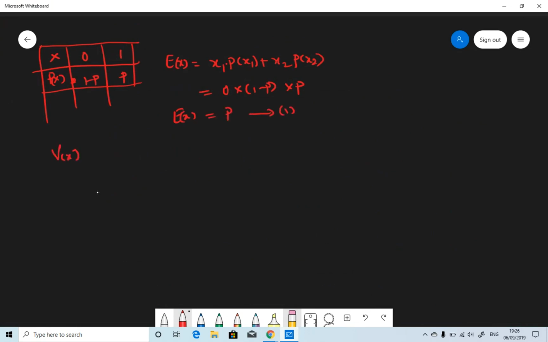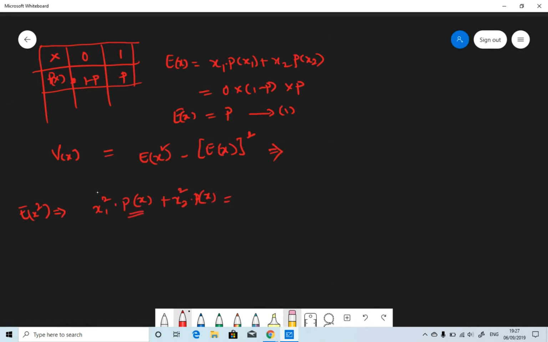What is the variance of x formula? E of x square minus E of x whole square. First we are finding E of x square, which is x1 square into p of x1 plus x2 square into p of x2.